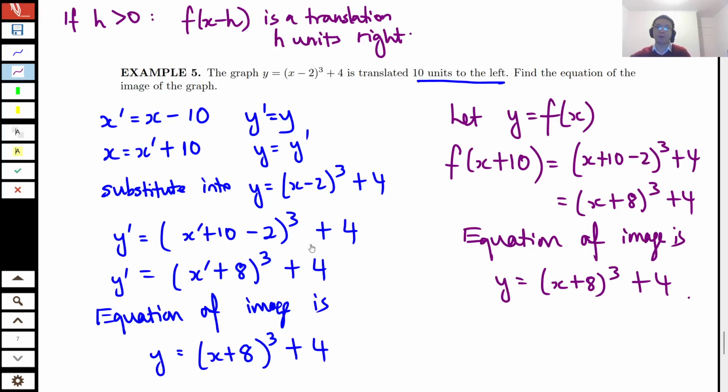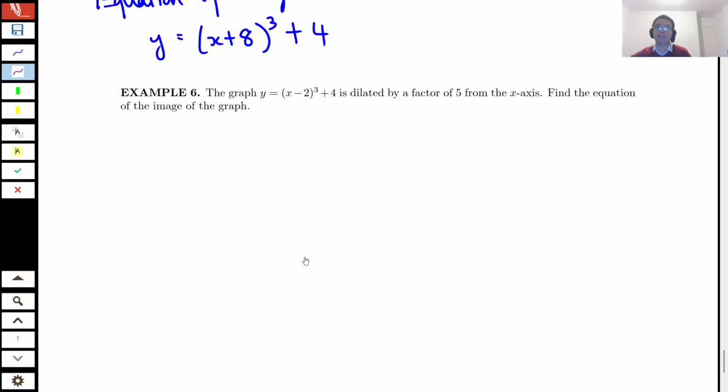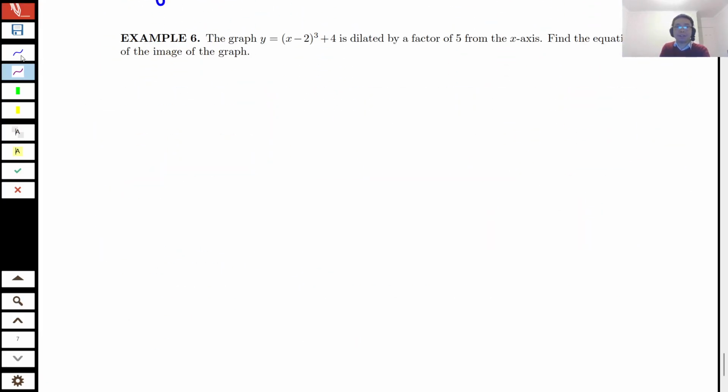All right, let's do one more example. Same graph. This time we're dilating by a factor of 5 from the x-axis. So we want to find the image. If I dilate from the x-axis, the x-coordinate doesn't change. My y-coordinate is multiplied by 5.